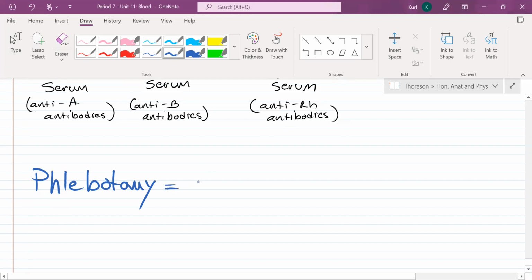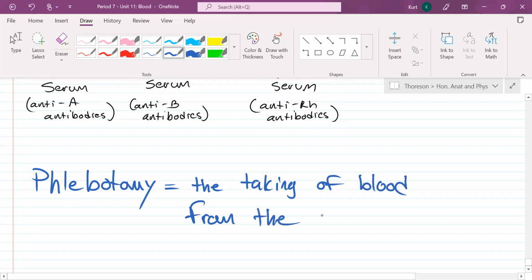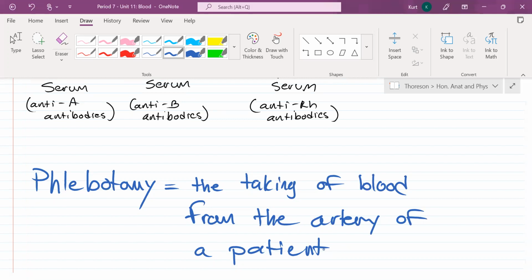Phlebotomy is simply the taking of blood from the artery of a patient. What do you call a person who performs phlebotomy? A phlebotomist. There'll be several phlebotomists on that bus next week.